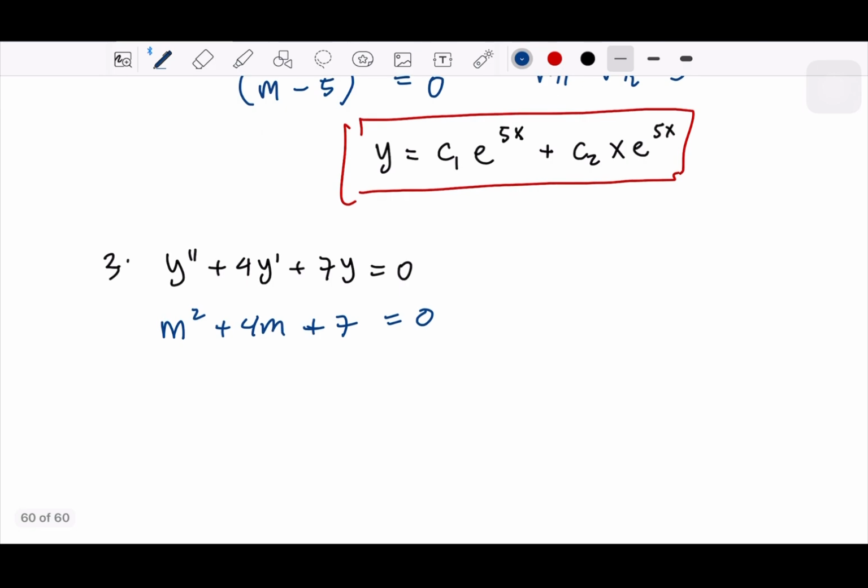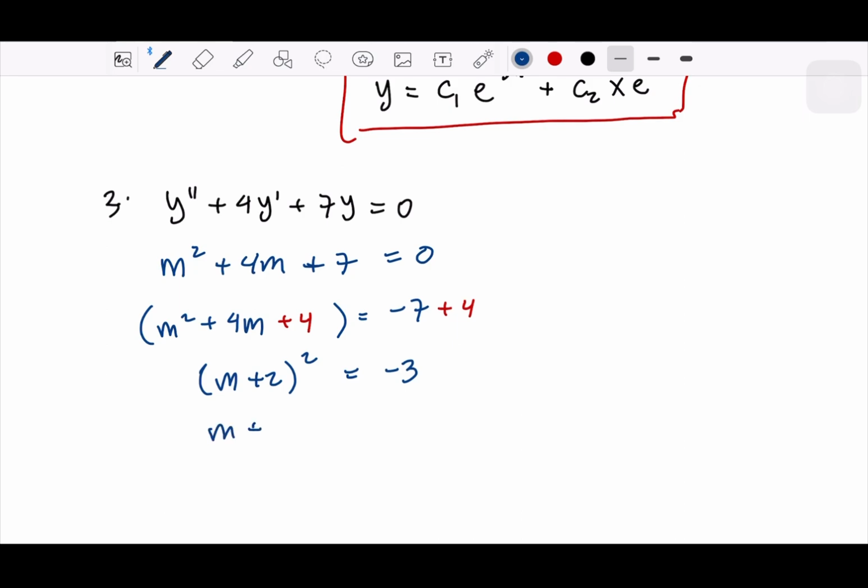So let me write the complete the square. So we're going to add 4 and add 4. So we have m plus 2 squared equal to negative 3.